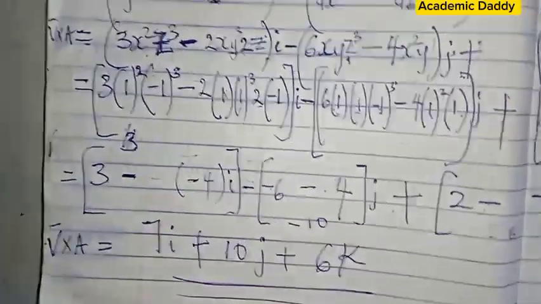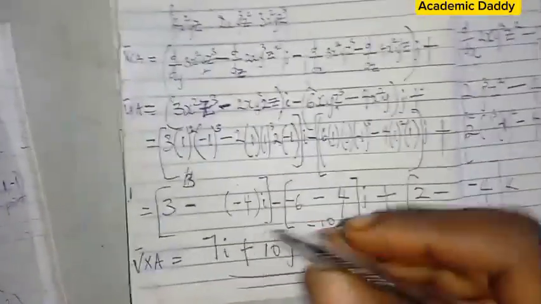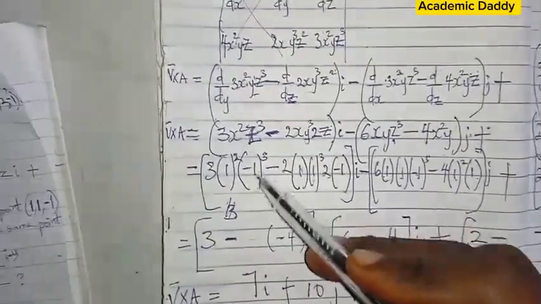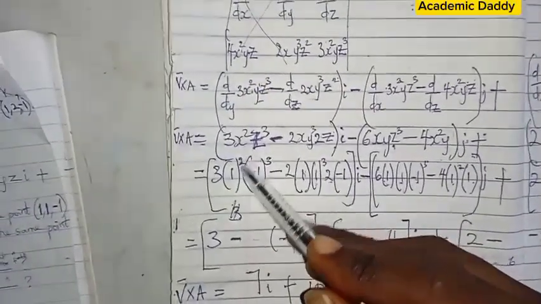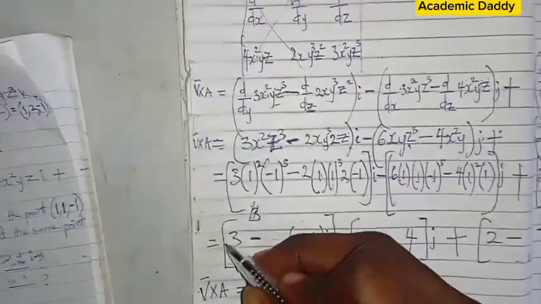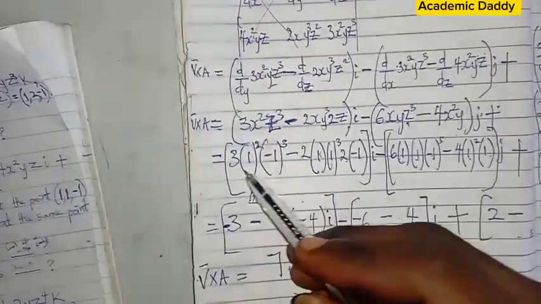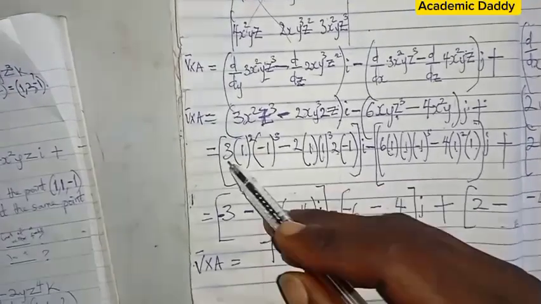So let's be sure we are correct. These days I normally like to be sure that I'm correct. I don't understand what is happening to me these days. See, this is minus 1 raised to the power 3. Then this 3 is supposed to have minus 3. Yes, 3 times 1, 3. Minus 1 raised to the power 3 is minus 1, times is minus 3.